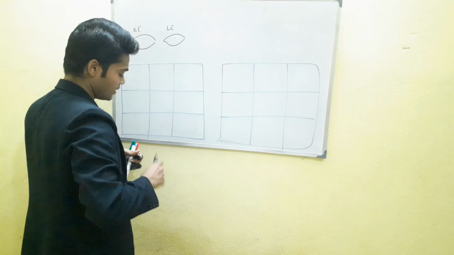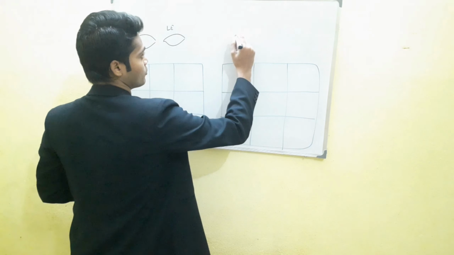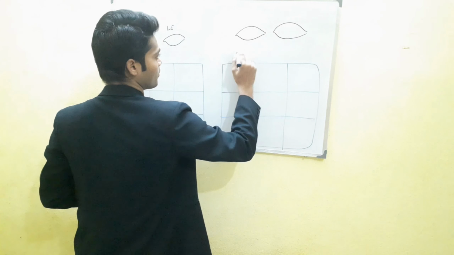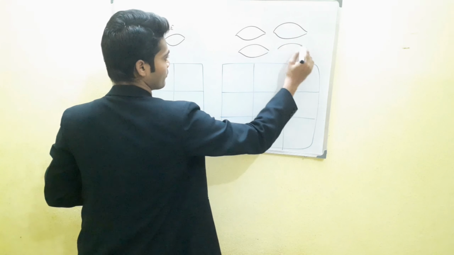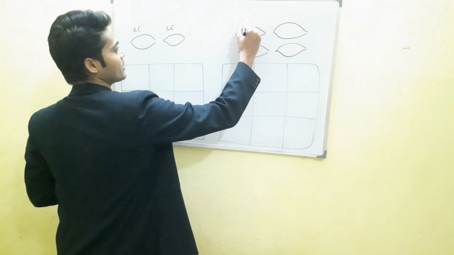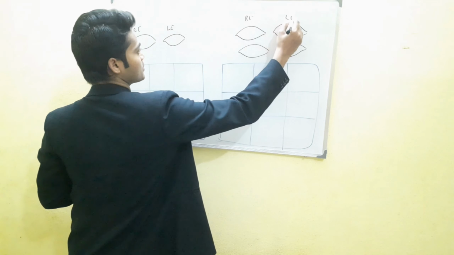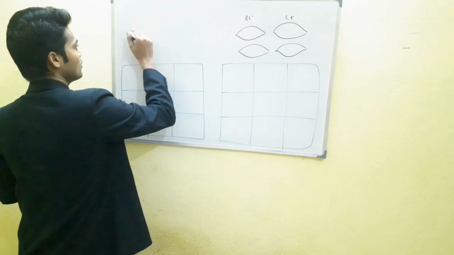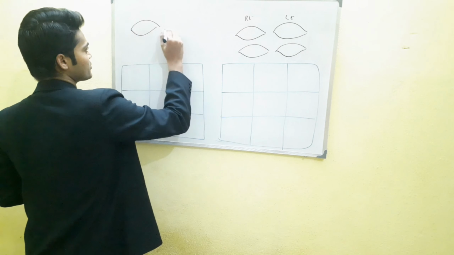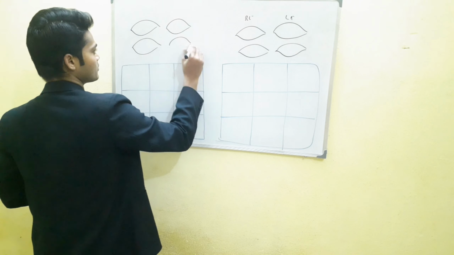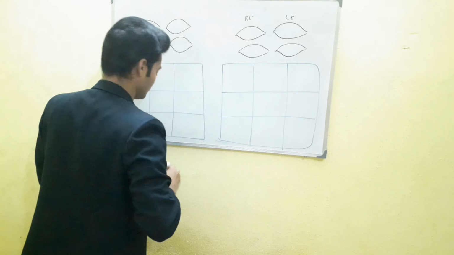Now we again draw the two eyes here, one for normal and the second one for abnormal. So again, this is the right eye, this is the left eye.